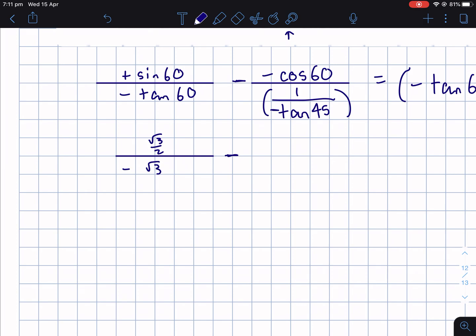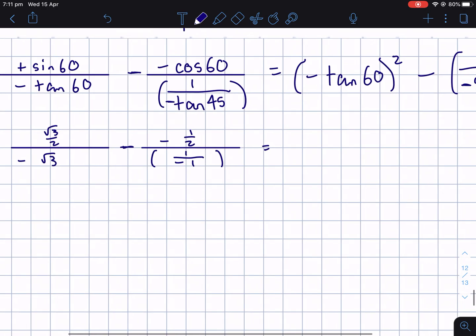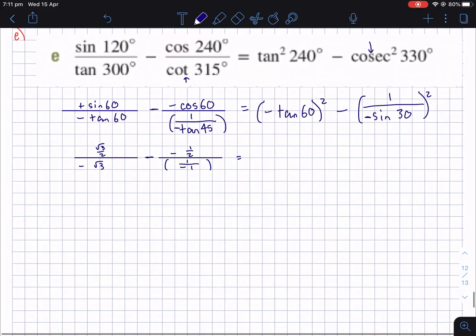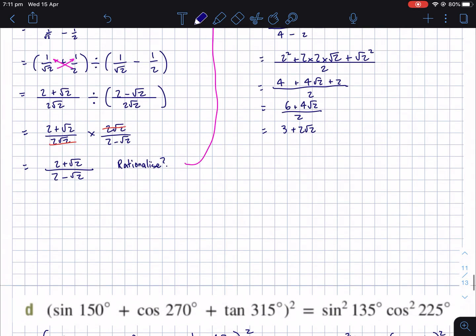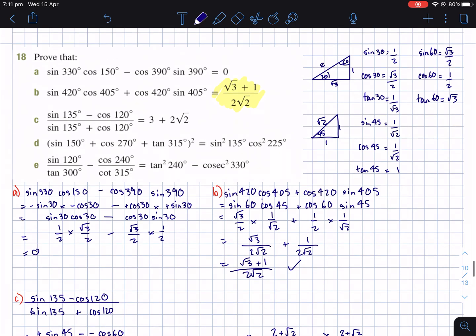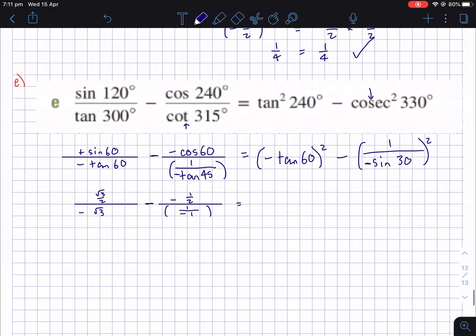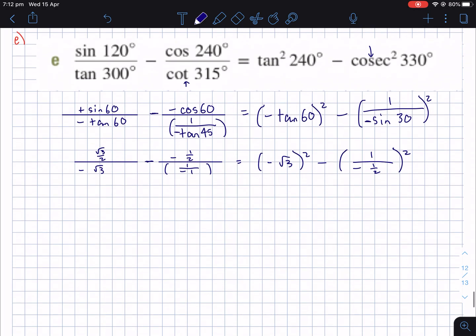Negative cos 60 was negative 1/2 over 1 on tan 45 was 1. Okay. Tan 60, root 3 on 1, was it? Tan 60? Yeah, root 3. So we've got minus root 3 squared minus 1 on minus sine 30 was 1/2 squared.